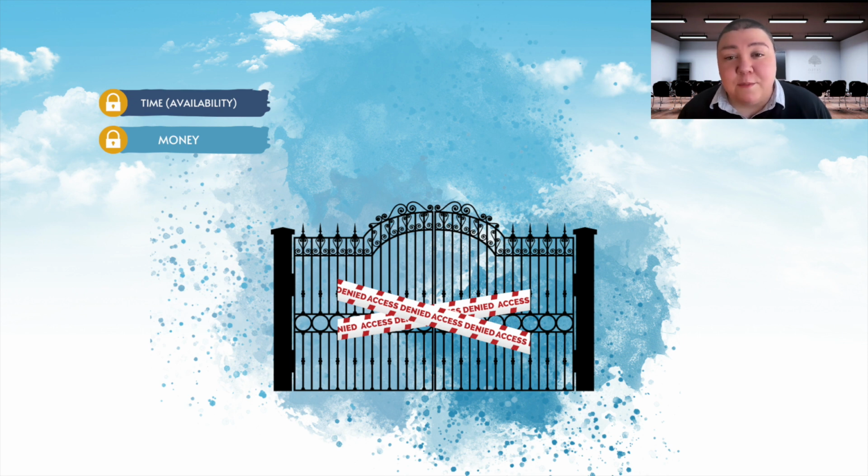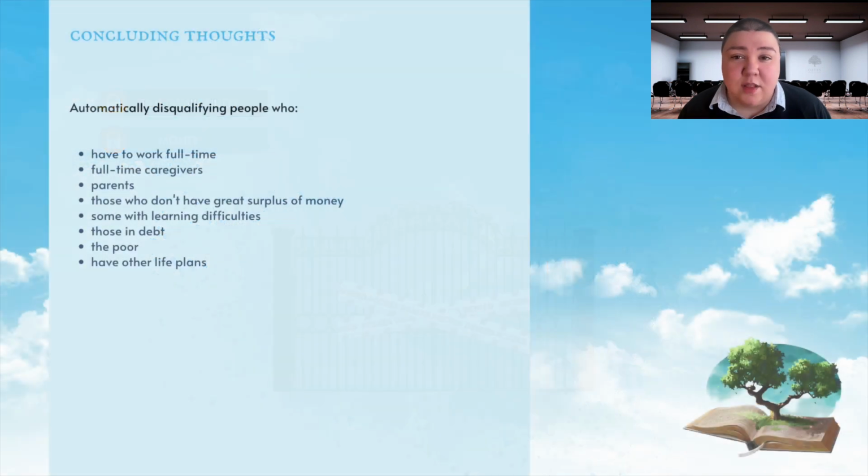You need to have enough money to earn a degree, if not two, and you need to be available time-wise to attend university. Well, that automatically disqualifies people who have to work full-time, caregivers and parents, those who don't have thousands of pounds lying around, some of those with learning difficulties, those in debt, those who are poor, those who simply have other life plans and things going on.